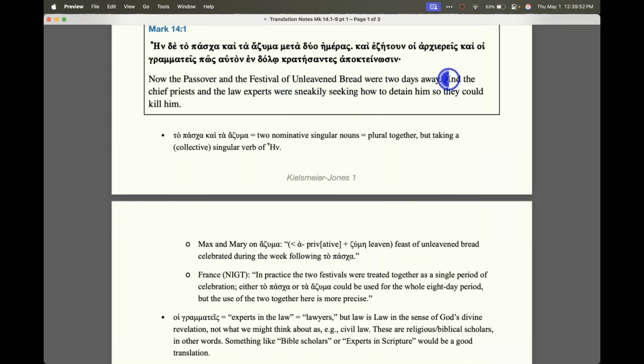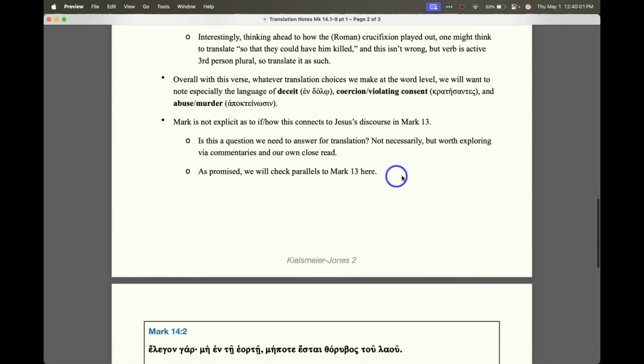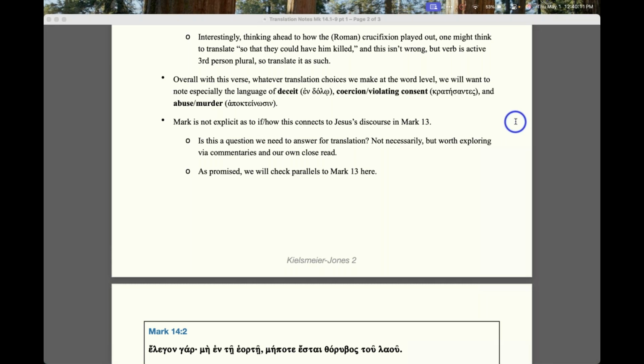Again, I offer this provisionally. I stand by this translation, but there's a number of ways you could translate that. So let me know, and then we'll move into the parallels tool just before we leave Mark 13 altogether to see: is there some kind of connection here? If not from Mark, then is there a connection in the other gospels?